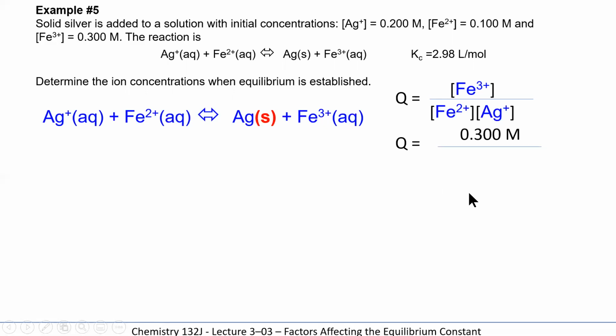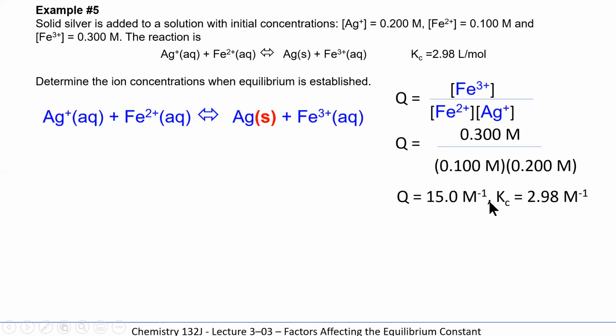We were given those quantities. So again, we take 0.3, the quantity of ferric ion, divided by the quantity of ferrous ion and the quantity of silver. We arrive at a value of 15 molar to the power minus 1, because these two cancel. We're left with 1 molar quantity on the bottom.